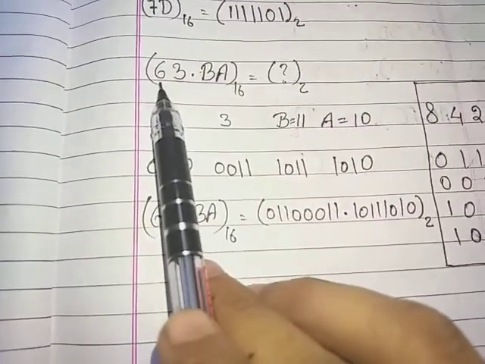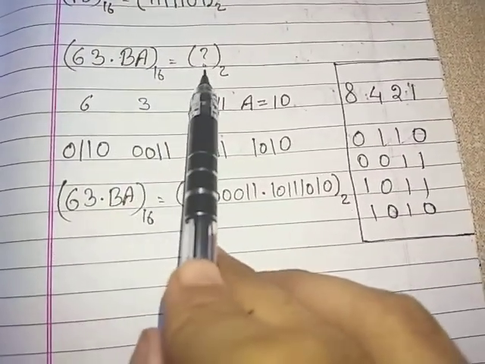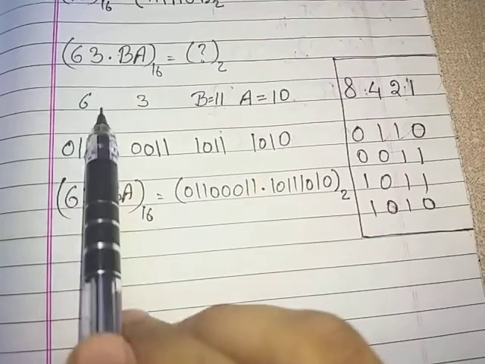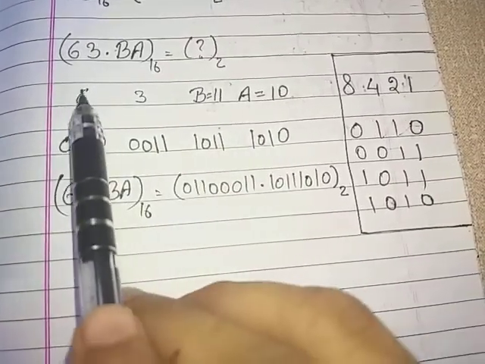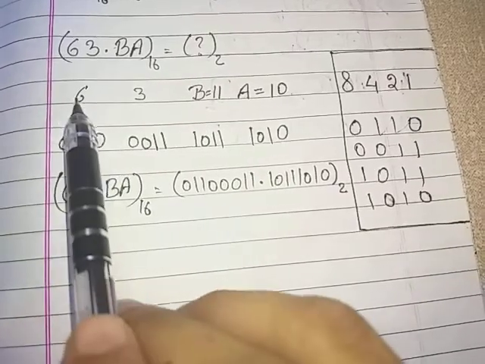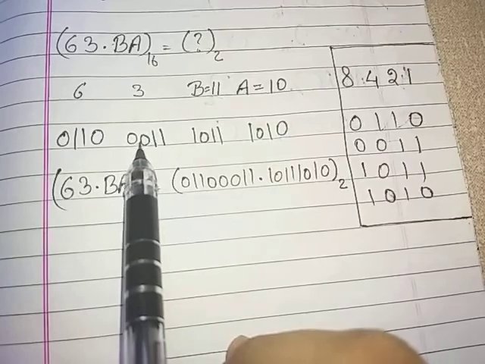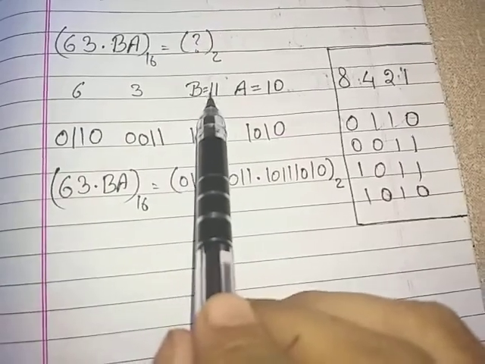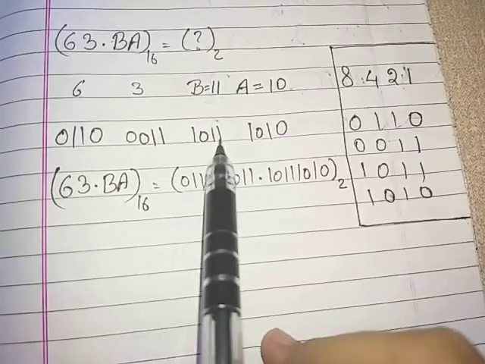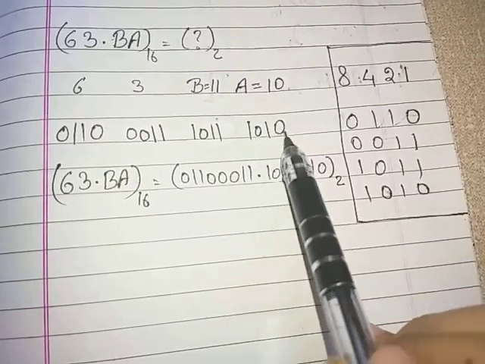If I want to convert 63.BA radix 16 into radix 2, first I will write all the digits and then the equivalent binary for each digit in 4 bit form. So 6 can be written as 0110, 3 can be written as 0011, B that is equal to 11 can be written as 1011 and A that is equal to 10 can be written as 1010.